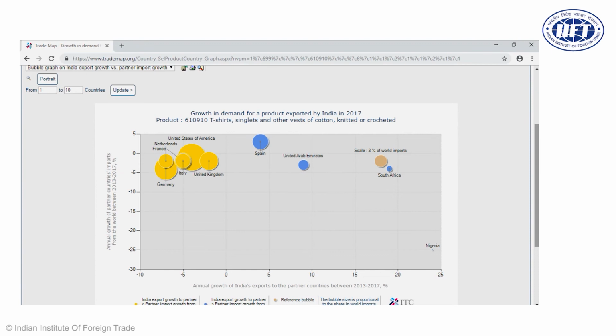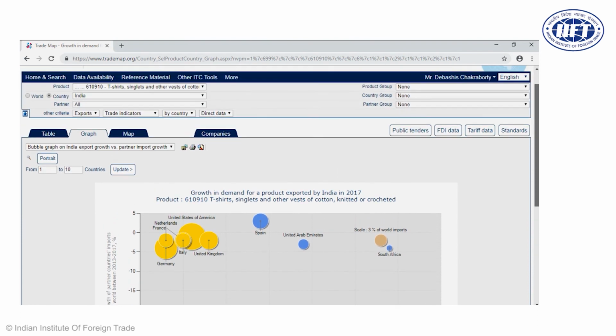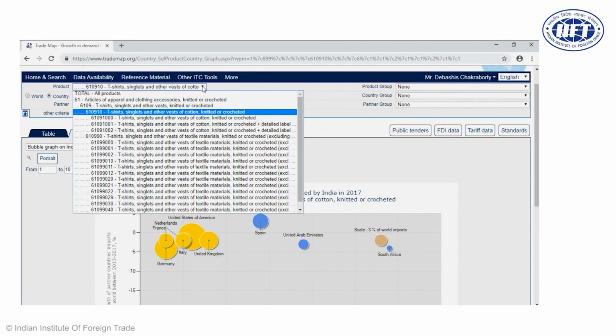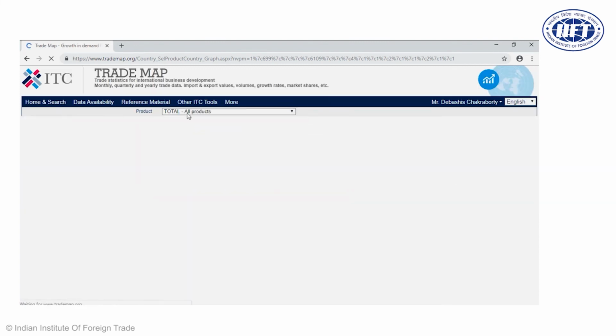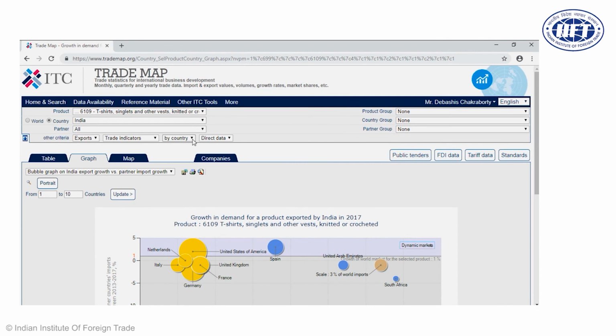for our growth. Finally, how can we look at the competitiveness of export of a particular product from India? That we can do by looking at this particular graphical tool, going one step up, that is, instead of 610910, to 6109, and select by.